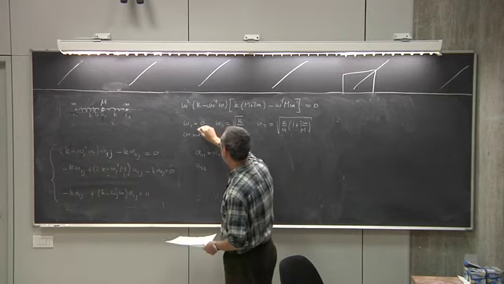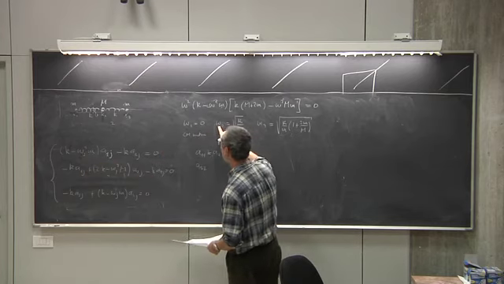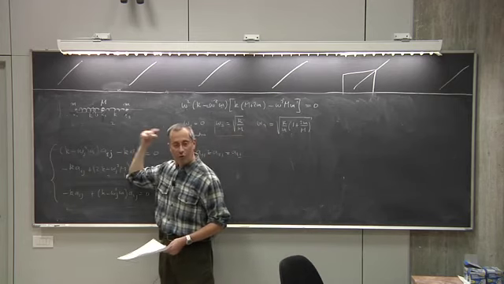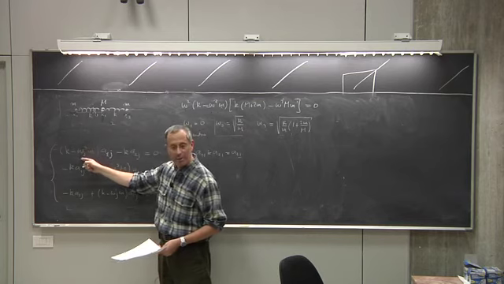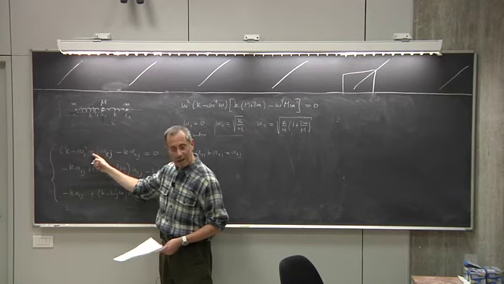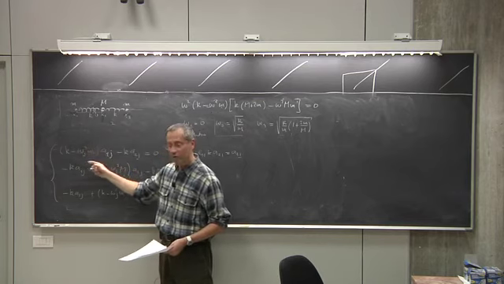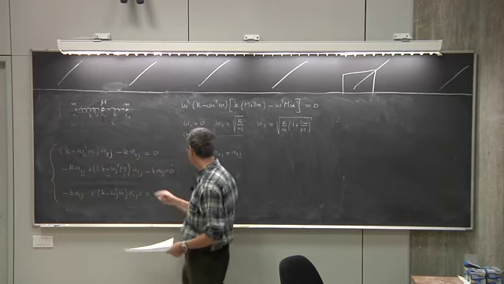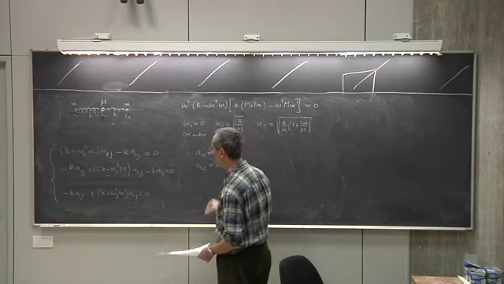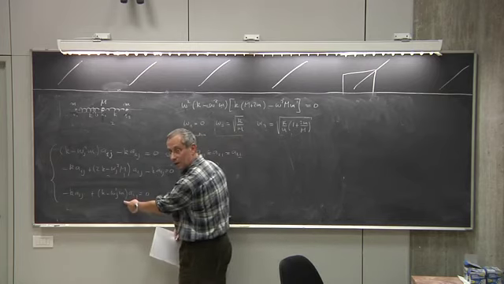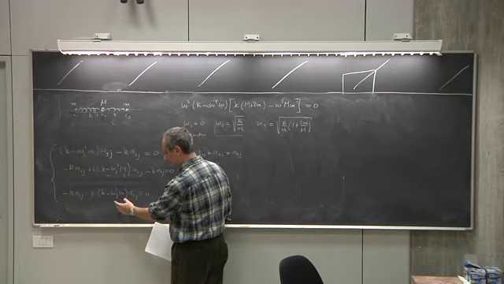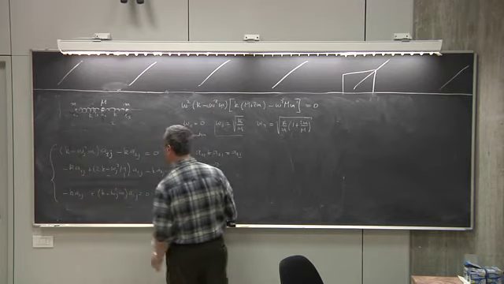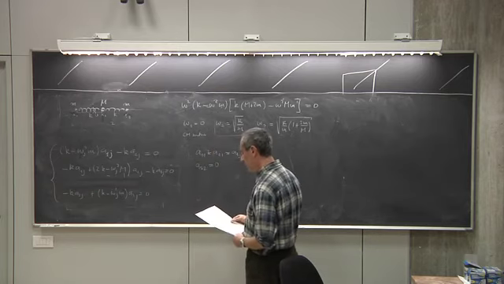So plug omega 2 in here. You get the square of omega 2, so you get k over m. k over m times m, k minus k, 0. So this is gone. The only way to satisfy this equation is if this is equal to 0. So A22 must be equal to 0. Clearly, the same is true here, because it's essentially the same. If I plug in here, this goes to 0, and this is A22, so it's similarly satisfied.